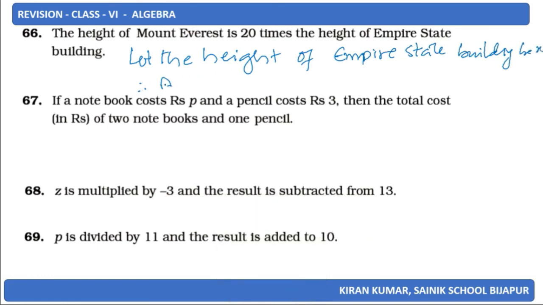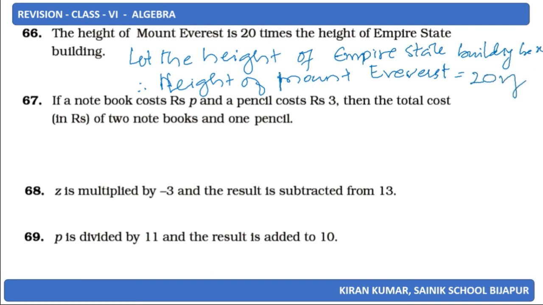Therefore, the height of Mount Everest is 20 times x. Mount Everest is a name, so M has to be capital.